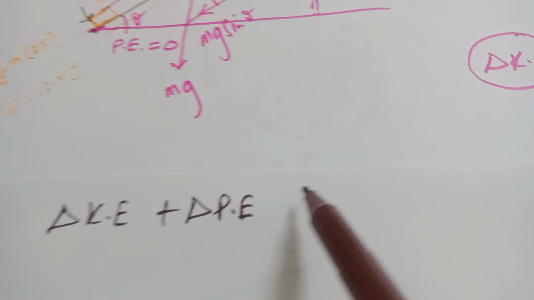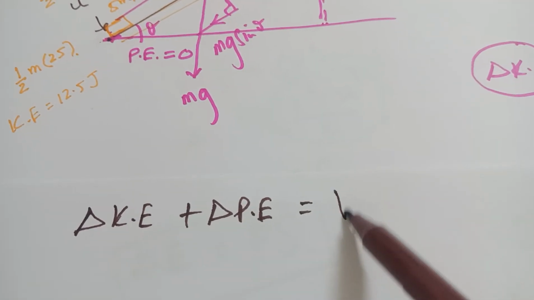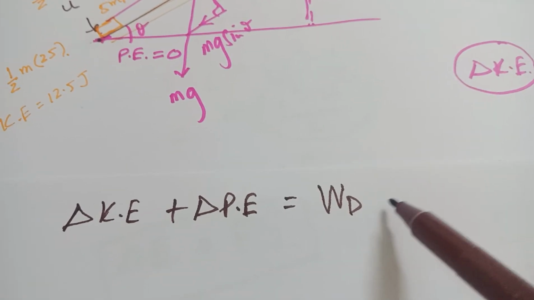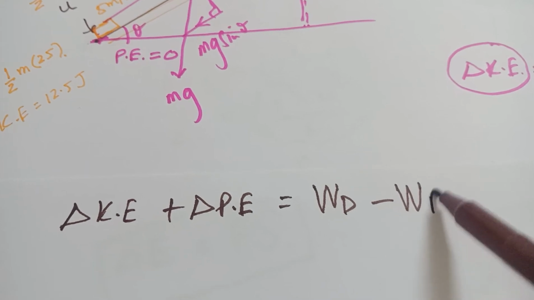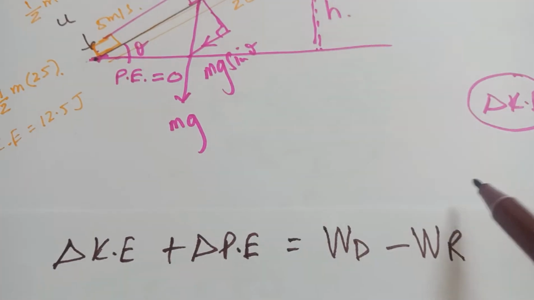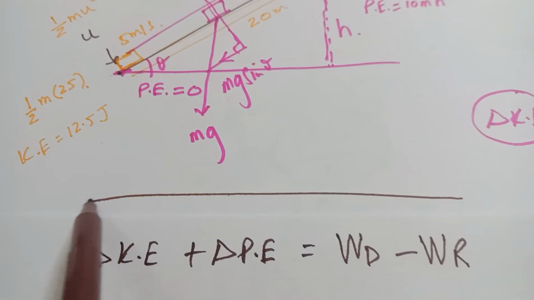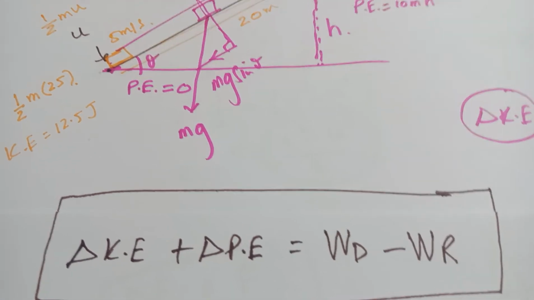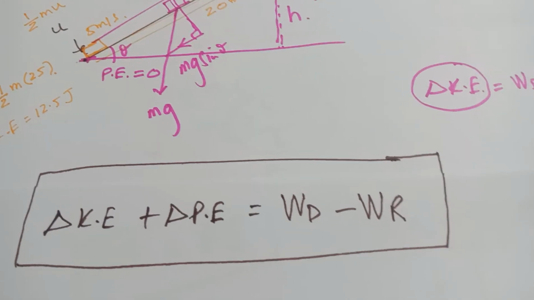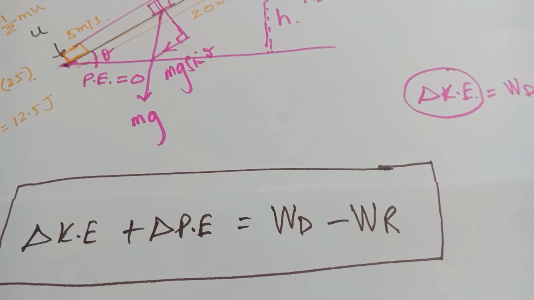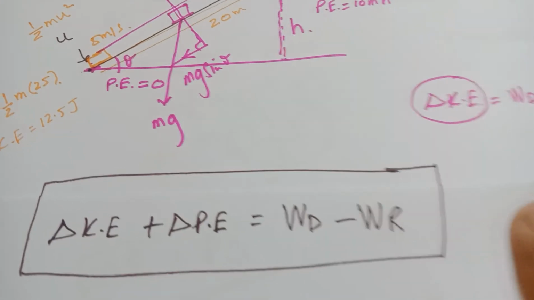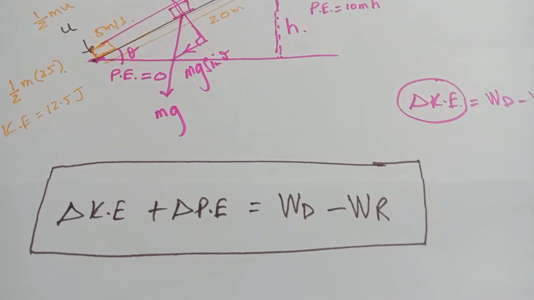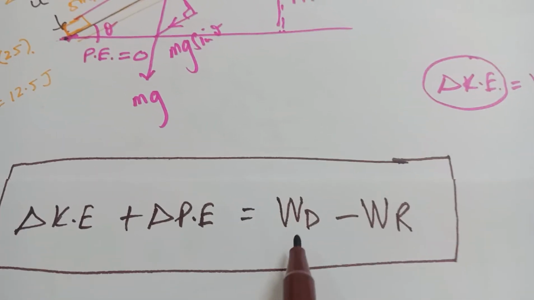So this should be equal to the work done by the driving force minus the work done by the resisting force. Now this is a formula. If you just remember this one formula, believe me, you can solve all questions on work and energy. I can bet.